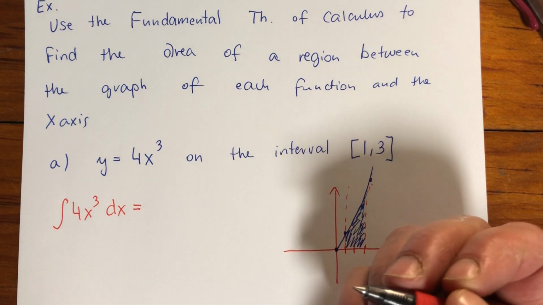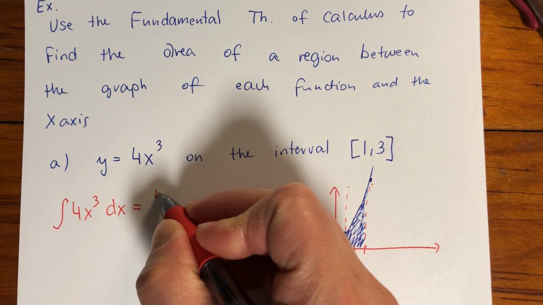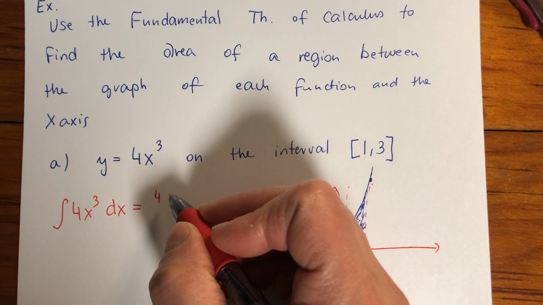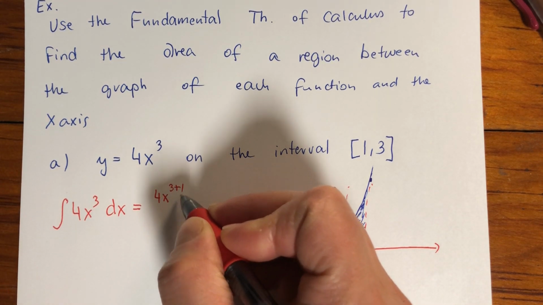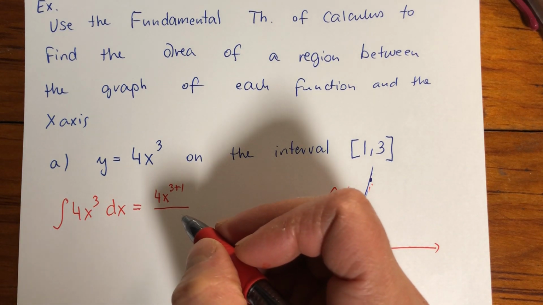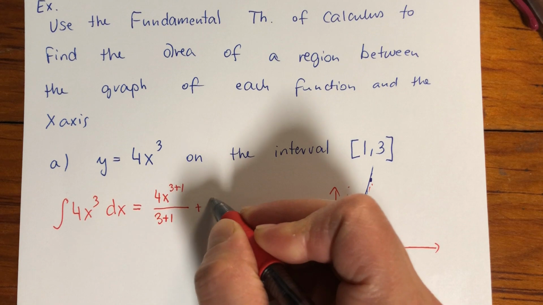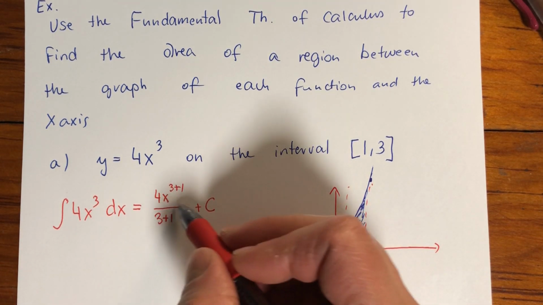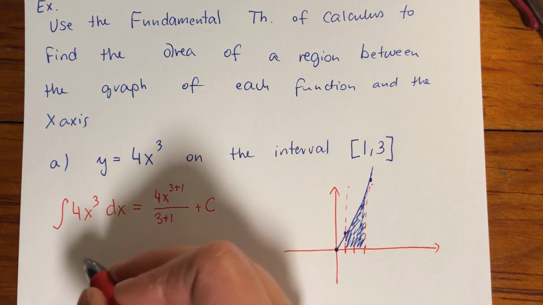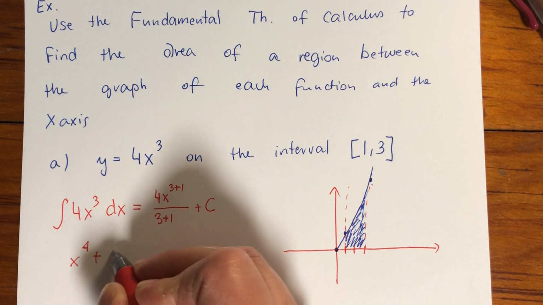I'm going to use the formula, and again, for those that are just starting this, I am going to write exactly what the formula tells me to do. So I will have 4x to the power of 3 plus 1, and I am going to divide it by 3 plus 1. I know that I have to add my constant c, and after simplifying, this 4 cancels, so I get x to the power of 4 plus c.